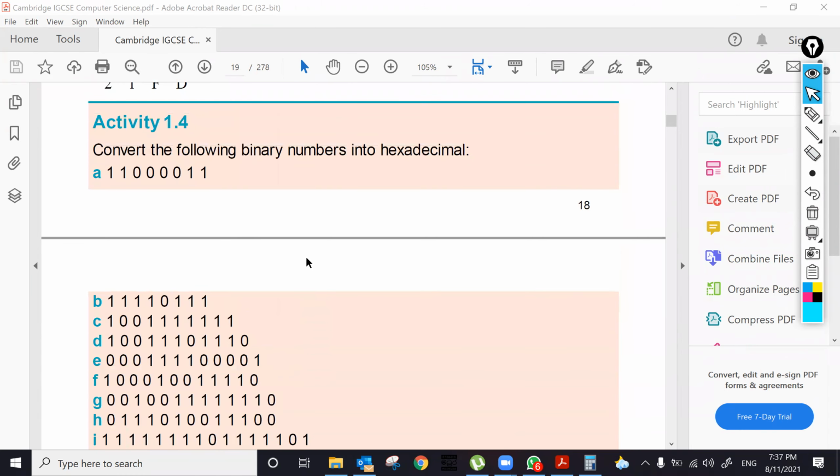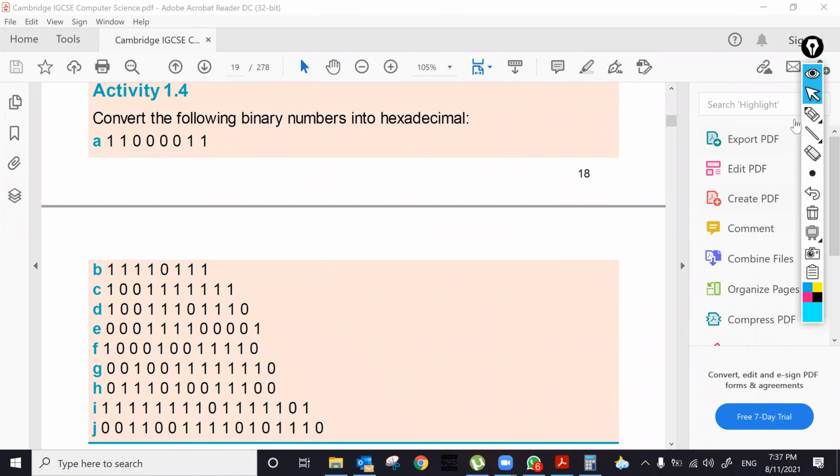Other than that, I will give only 2. Others are homework. Can you split these and give me the answer now? This one and this one. These are homework. We don't do all of these because we don't have time.